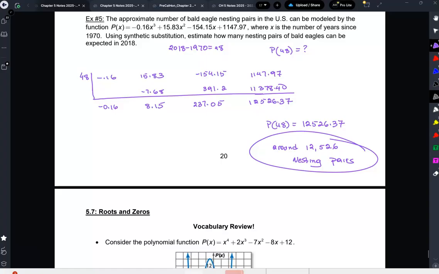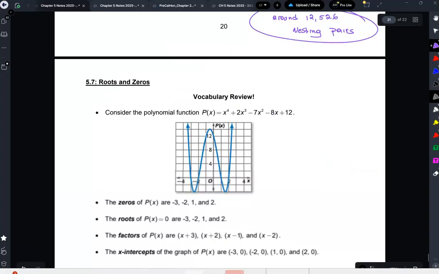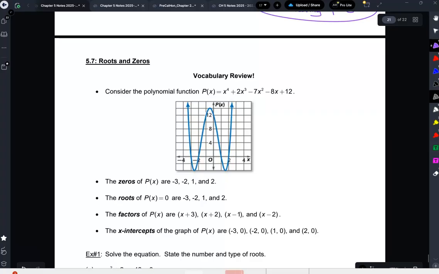So now, in the next lesson, we're basically going to put everything in this chapter together, right? So here we go. Let's review some vocabulary. We have this lovely function of degree 4 and its graph.